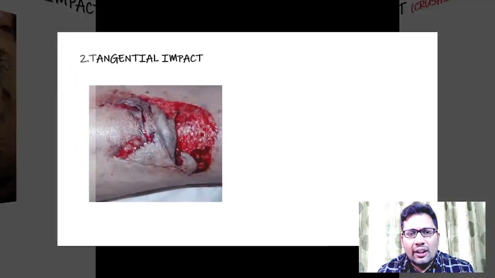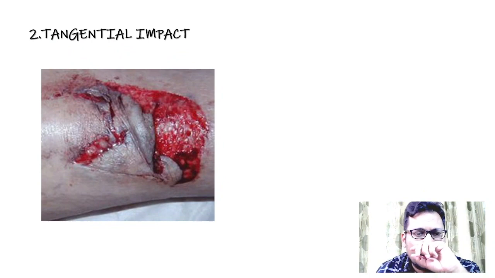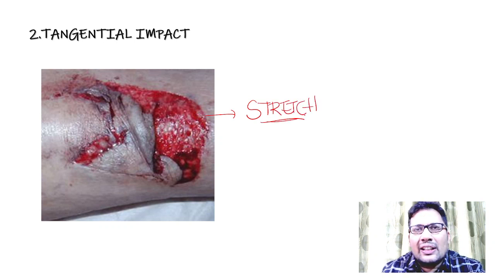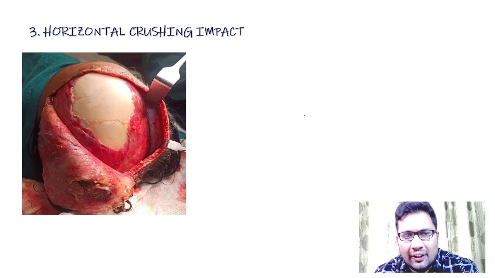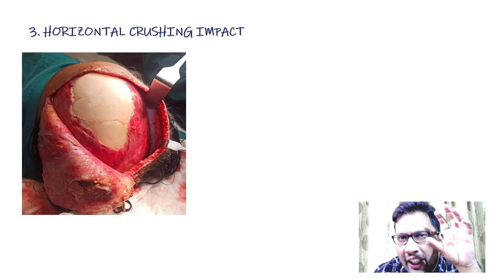Next, look at the second one, where there is a tangential impact, and this is known as stretch laceration. The third one has a characteristic finding, flaying.